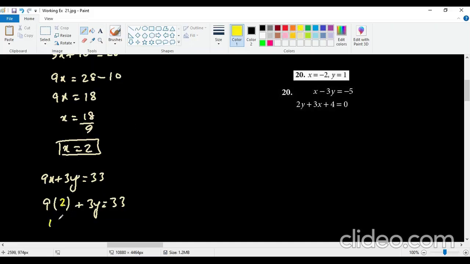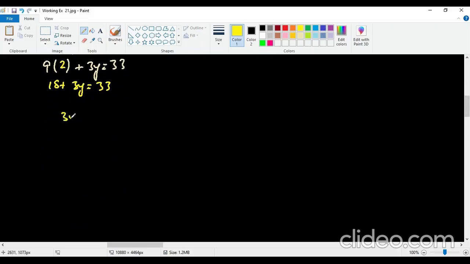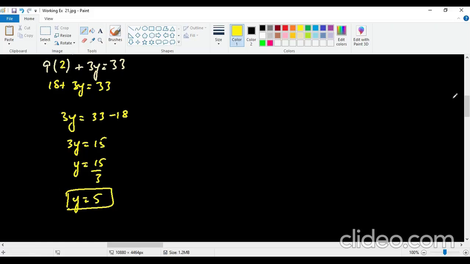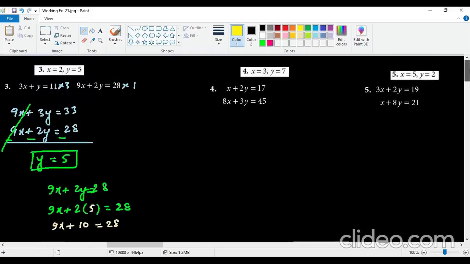That means 18 plus 3y equals 33. That means 3y equals 33 minus 18, which is going to be 15. 3y equals 15. So y is equal to 15 divided by 3, which is going to be 5. So the value of y is 5 and the value of x is 2.